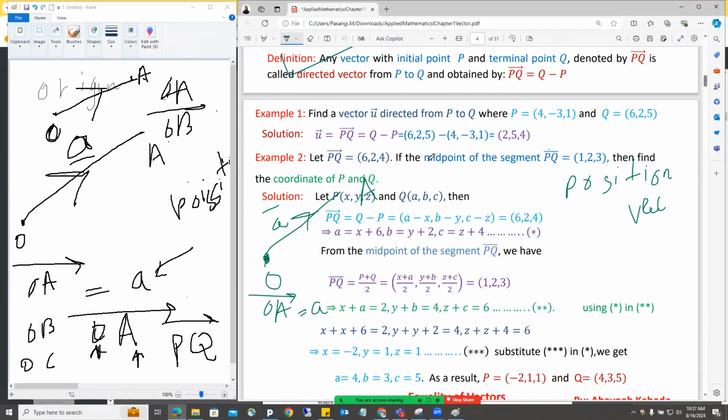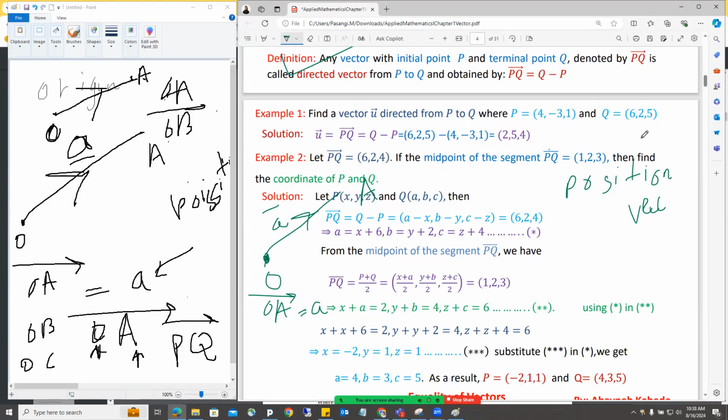Now look at example one, how they have marked it. The vector u is directed from P to Q, where the P coordinates are 4, -3, 1, and the Q coordinates are 6, 2, 5. See, here we have 3 digits.